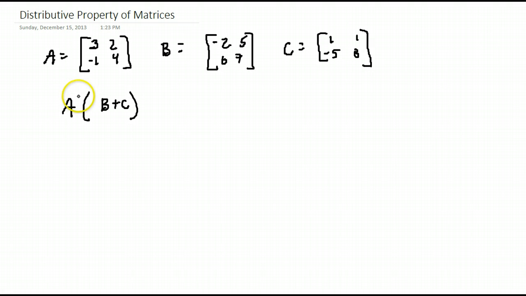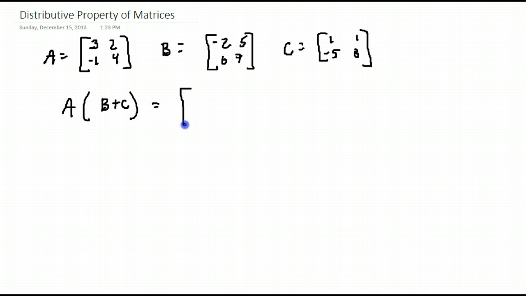So we know when we're multiplying, we have this A outside of the parentheses. We have to distribute that to everything inside the parentheses. But first, let's look and see what's happening on the inside. So let's write these matrices out.